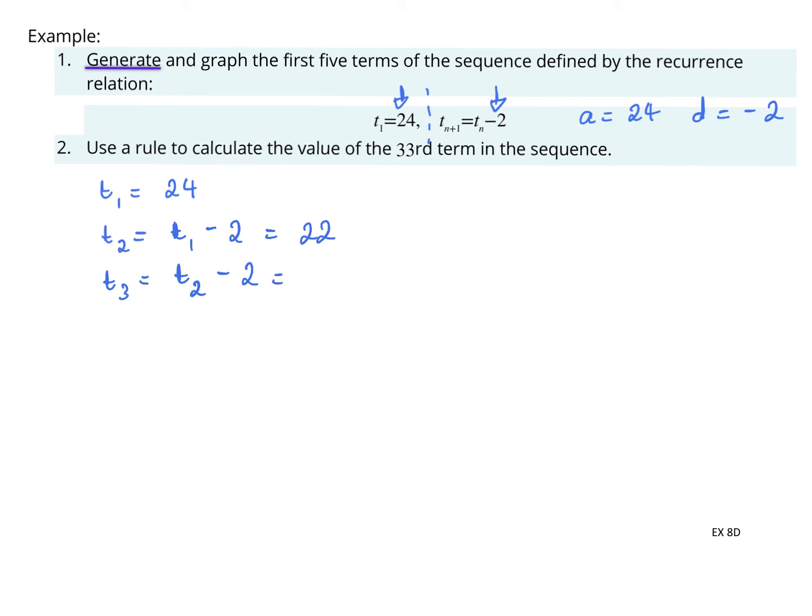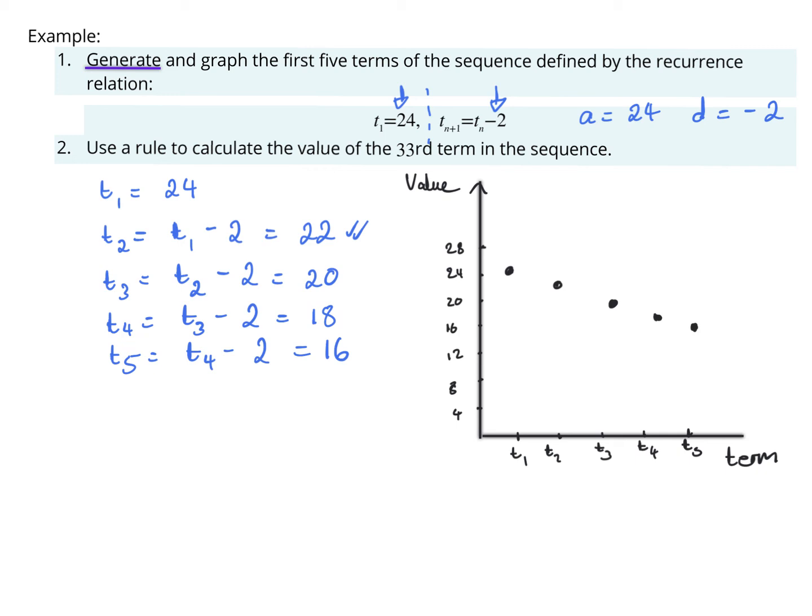And because we've now got T2, it's 22 take away 2, which is 20. T4 is equal to T3 take away 2. And again, we know T3, so it's 18. And T5 is equal to T4 minus 2, which is 16.